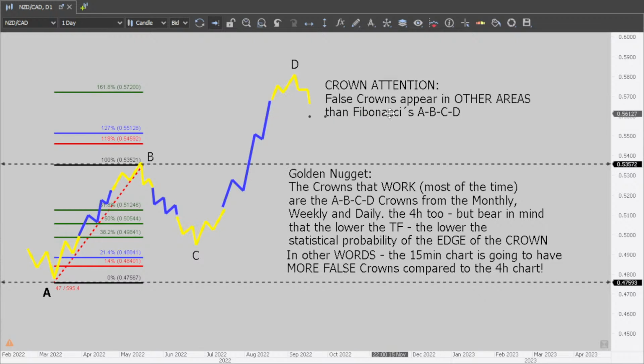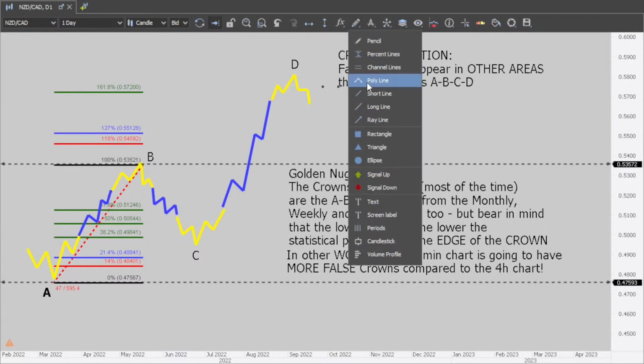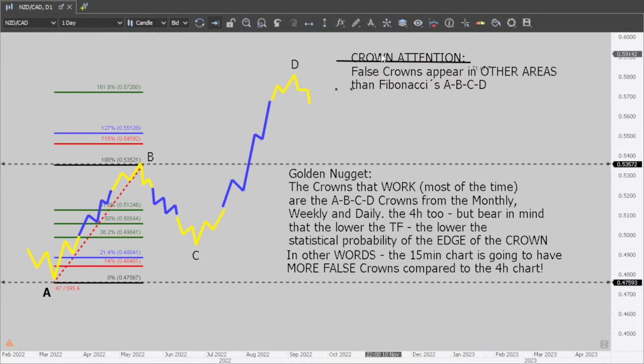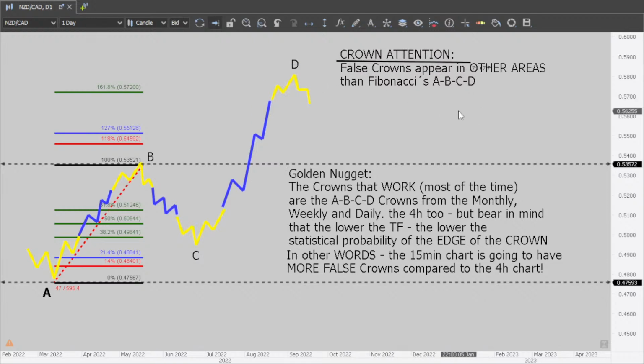Okay? Now, let's go back up in here and let's talk about crown attention. Pay attention to the crown. False crowns appear in other areas than the Fibonacci's A, B, C, D. Okay, everybody? So, what does this mean?